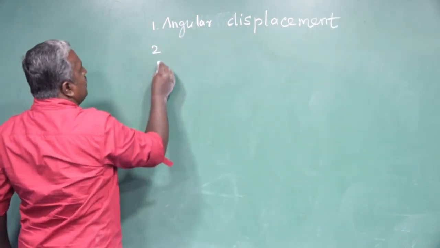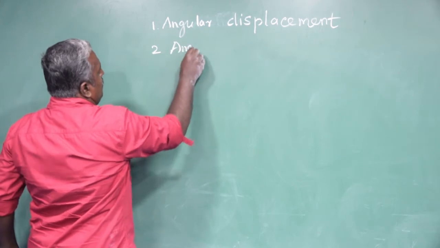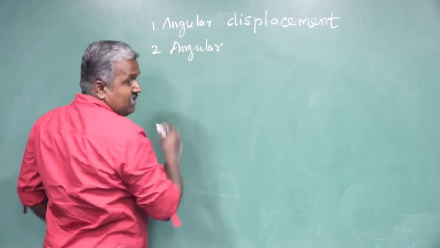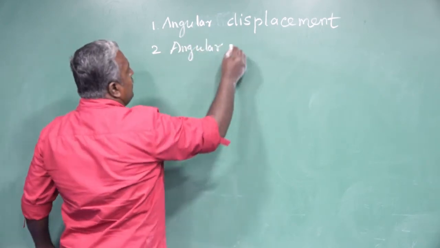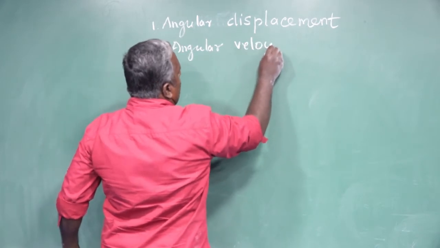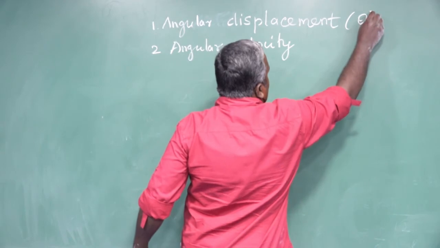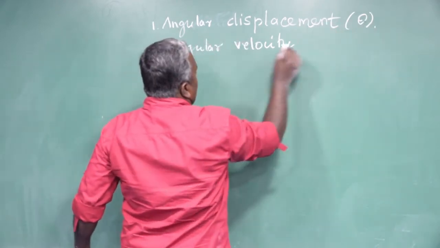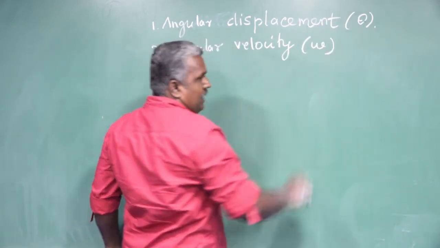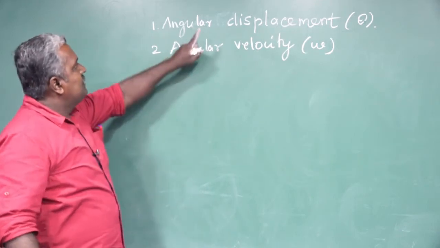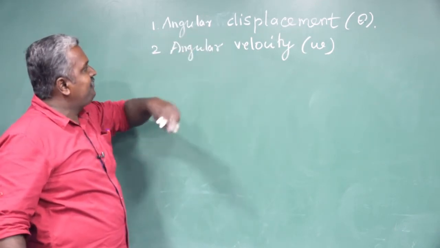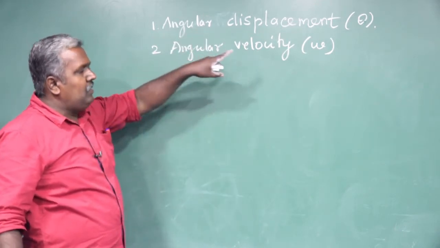Second one is angular velocity, the simplest topic. The symbol for angular displacement is theta. The symbol for angular velocity is omega. That is very, very important. This is simply denoted by theta. This is denoted by omega.